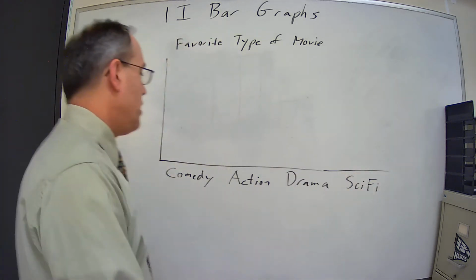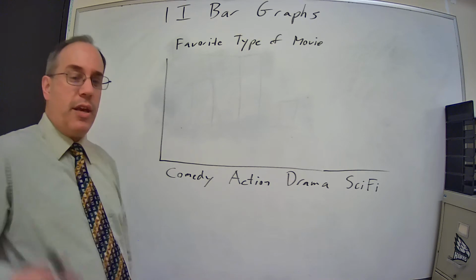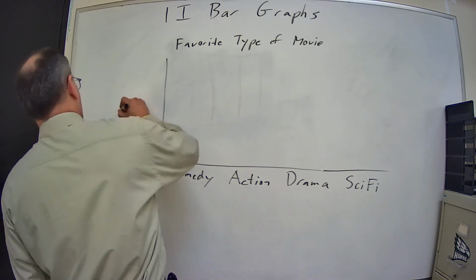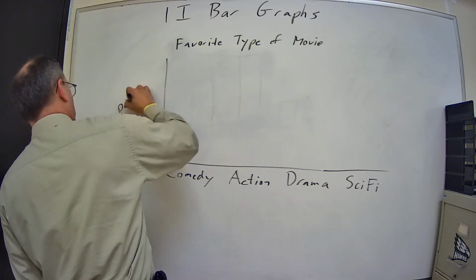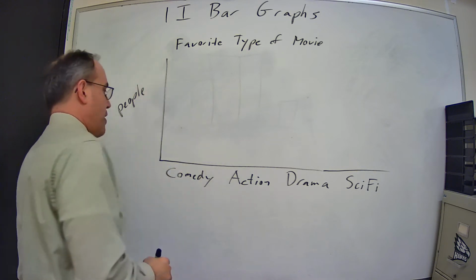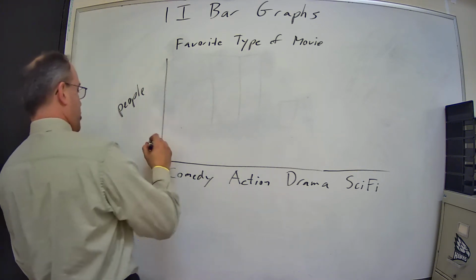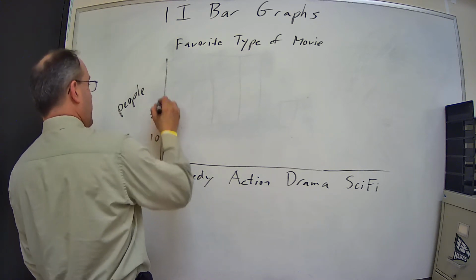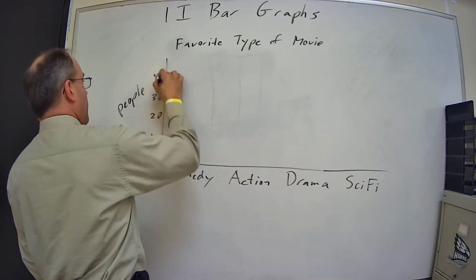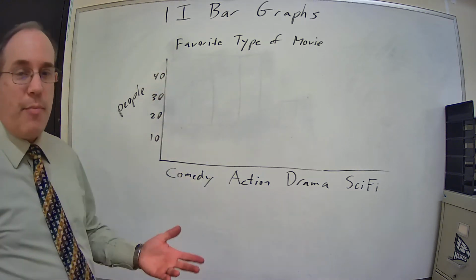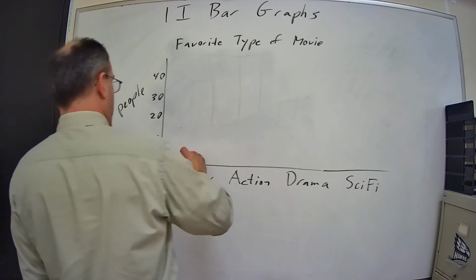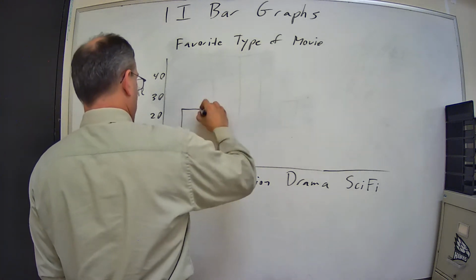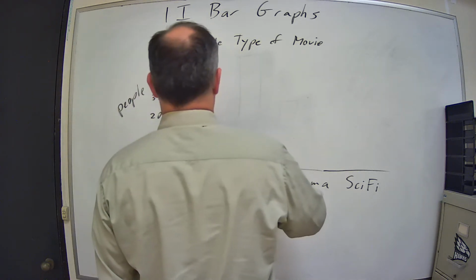So I have those. So of those four choices, we survey a bunch of people. So we're going to have the number of people over here, right? And so we have 10, 20, 30, 40. So we go and we sample a bunch of people and we find that we get something like this.